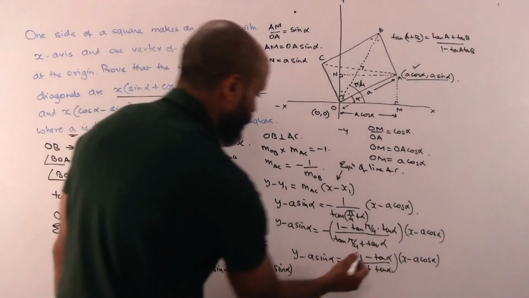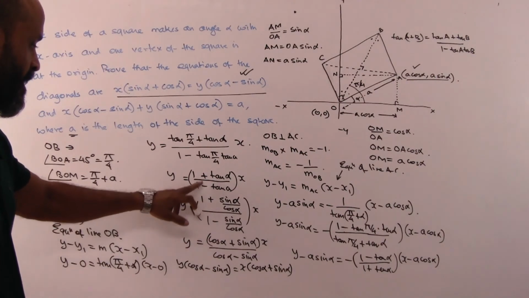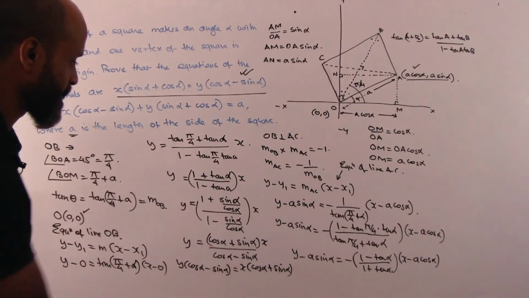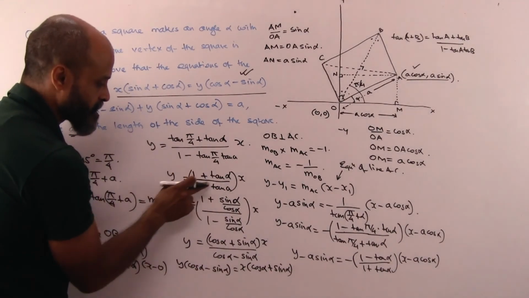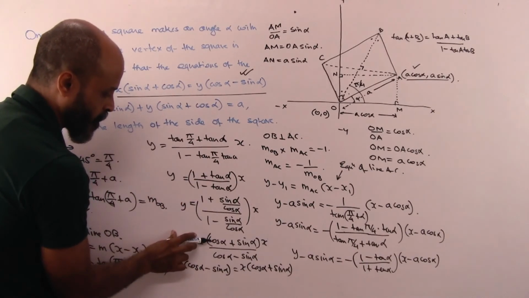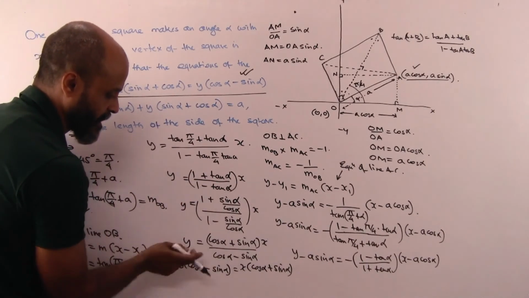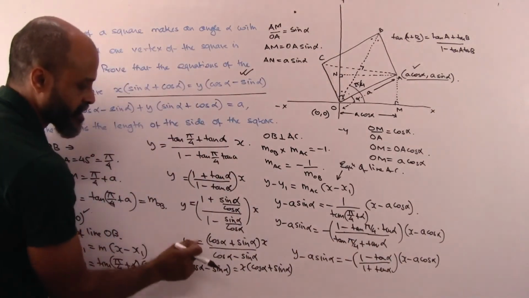So what do we get here? We will get 1 minus tan alpha upon 1 plus tan alpha, so exactly the opposite of the equation we have already solved. Here it was 1 plus tan alpha upon 1 minus tan alpha, and what we got was cos alpha plus sin alpha upon cos alpha minus sin alpha. So if we are doing 1 minus tan alpha upon 1 plus tan alpha, this will get reversed.